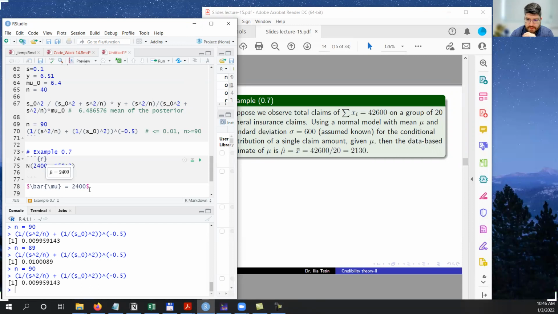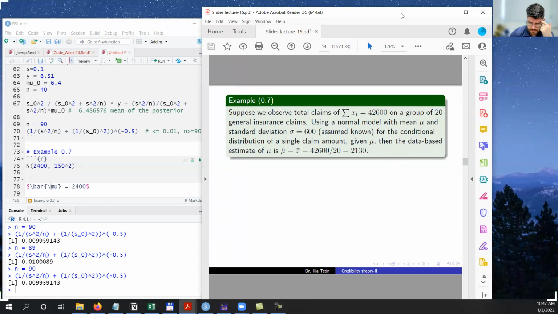And from the general results, what do we have? The posterior distribution of mu is normal, with mean, what kind of mean we have? Actually, the posterior distribution is normal with some kind of mean and some kind of variance.